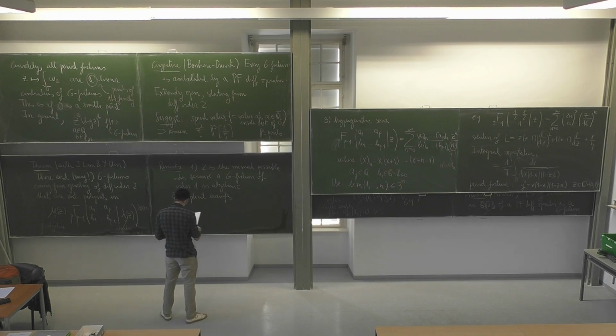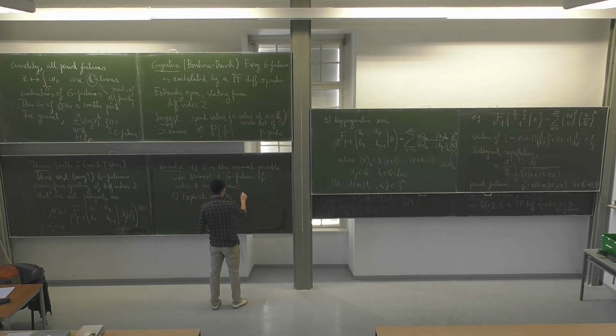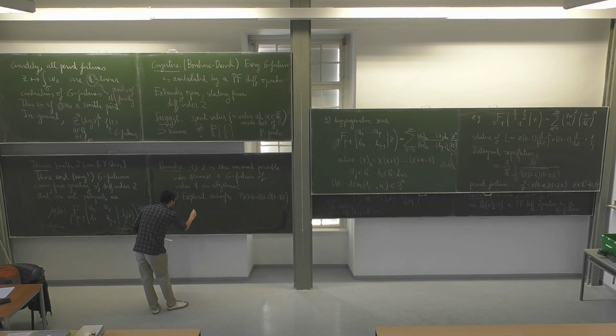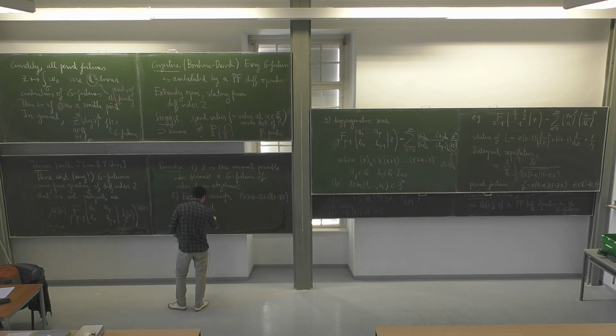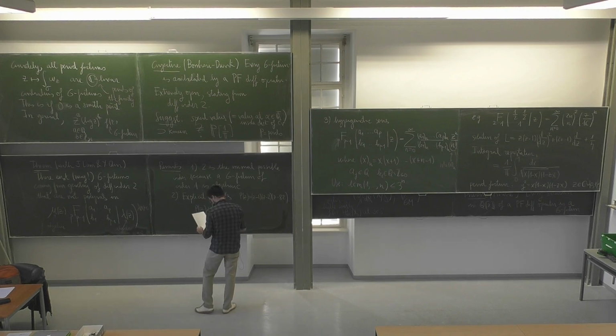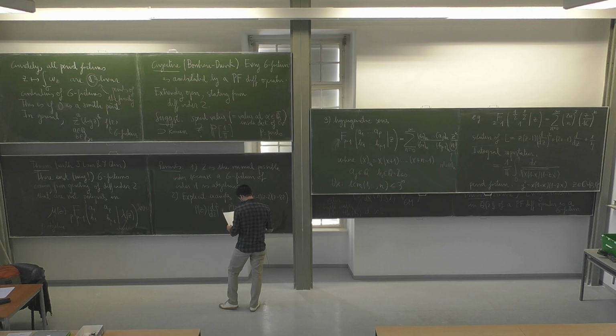For example, you can take the polynomial (z minus 1)(z minus 2)(z minus 82), and you can consider the differential equation of order 2 with this leading coefficient, and then p prime over 2, and then plus (z minus 10) divided by 18.